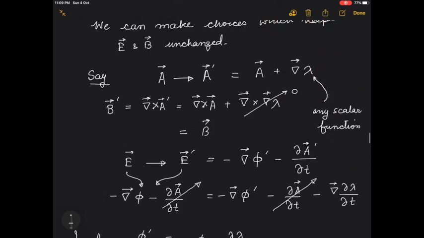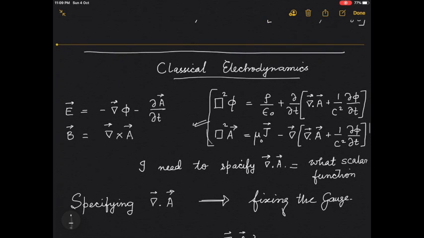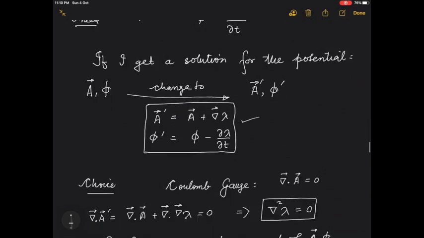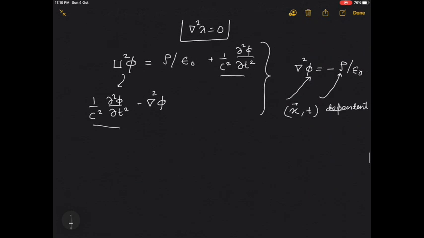What happened to the other equation, the equation of A? Well, let's have a look here. So I will have this term 0, but this term will remain as it is. So let's write that down.